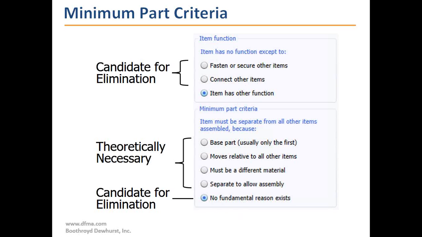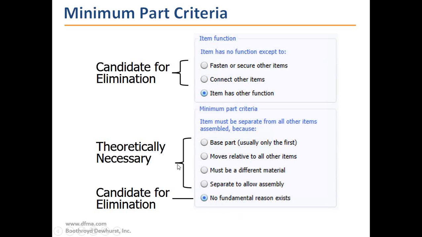Now, it could be that based on your selection of the criteria, it still doesn't need to exist as a separate part. Selecting one of these 2 choices causes your part to be flagged as a candidate for elimination. Selecting one of those 4 choices causes your part to meet the theoretical minimum part count or become theoretically necessary. And this last choice here, again, flags your item as being a candidate for elimination.